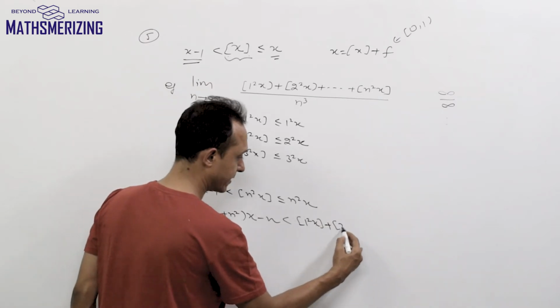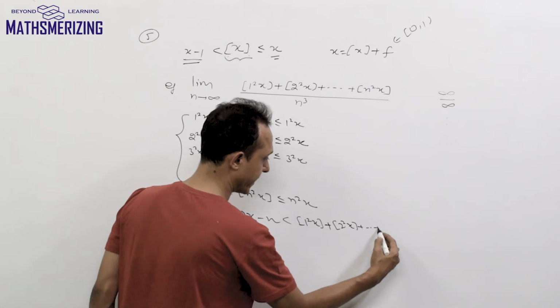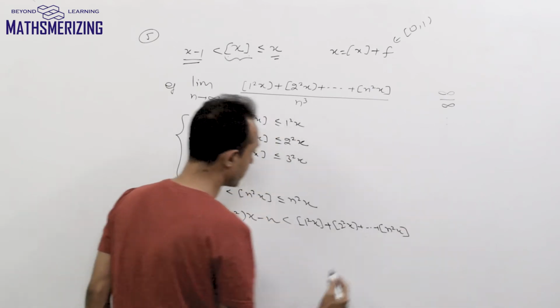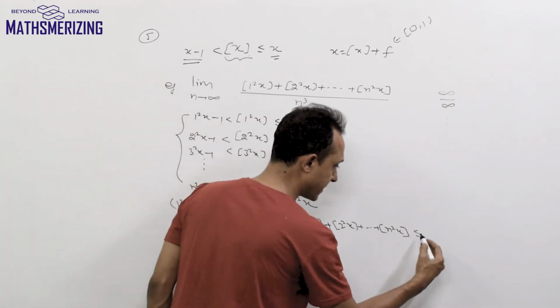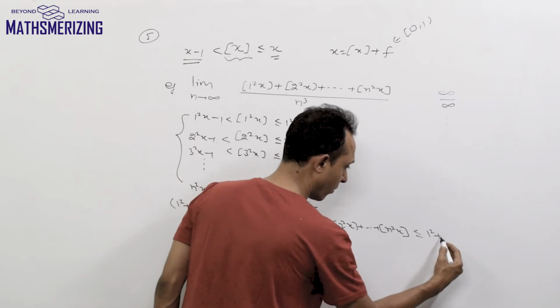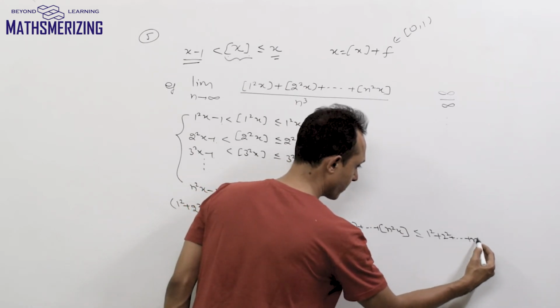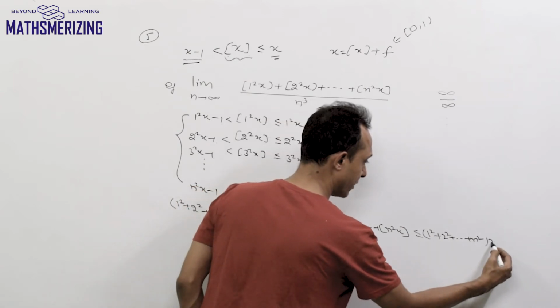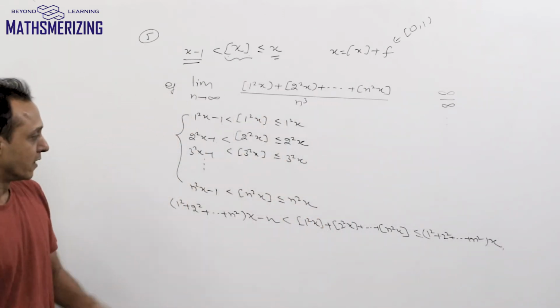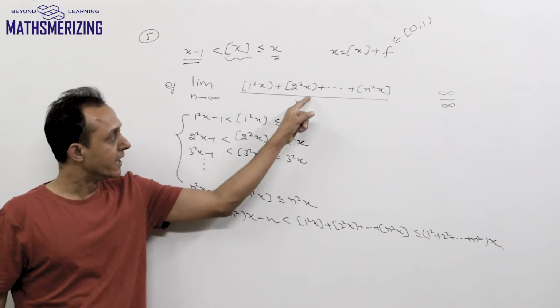the greatest integer function of 1 square x plus the greatest integer function of 2 square x up to the greatest integer function of n square x, and it will be less than or equal to 1 square plus 2 square up to n square, into x. Now for this limit, I'll need to divide by n cube.